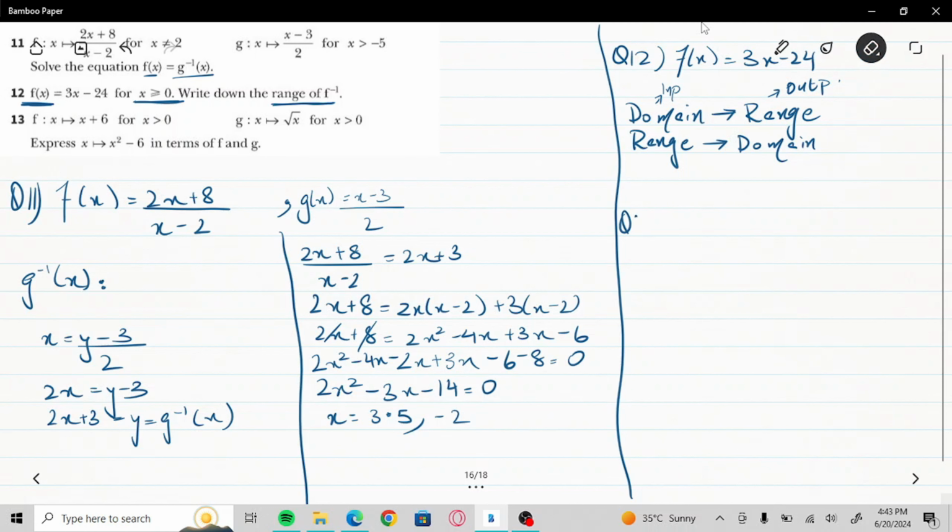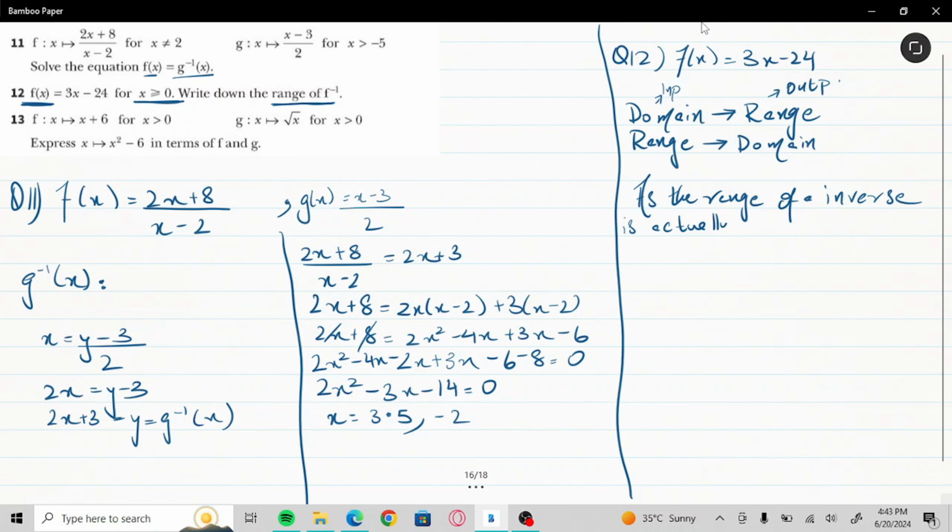So right now we have the answer in the question itself, and we are going to say, for explanation, and so that the examiner has a good impression that we have understood: as the range of an inverse is actually the domain of its function, we can say; semicolon.